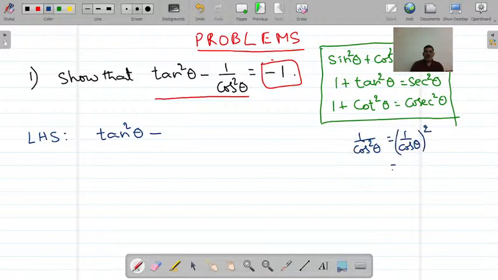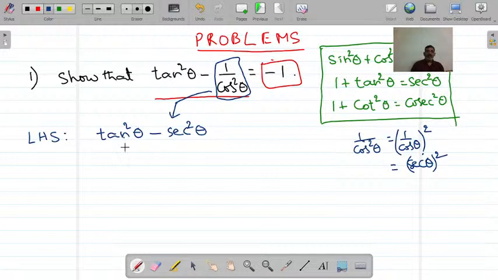So 1 by cos means reciprocal of cos. What is the reciprocal of cos? We know that it is secant. So it becomes secant theta whole square. That's why I can say it is secant square theta. So first step, simply keep tan square theta as it is, and 1 by cos square theta, the reciprocal of cos, becomes secant square theta.